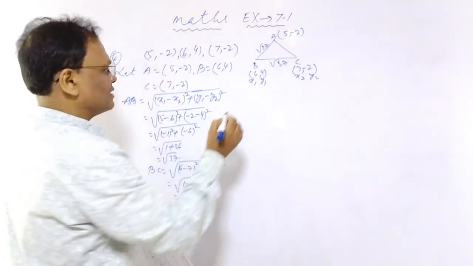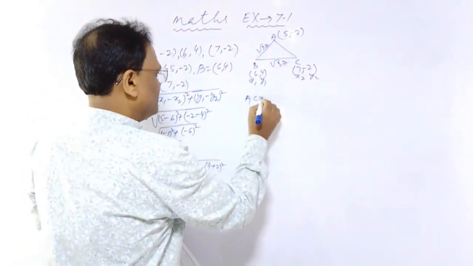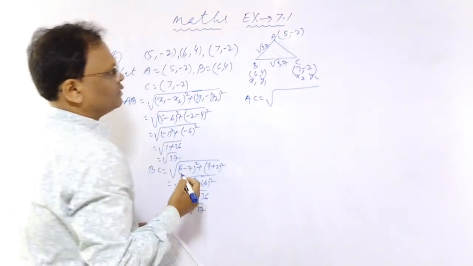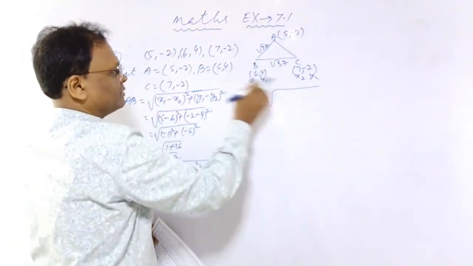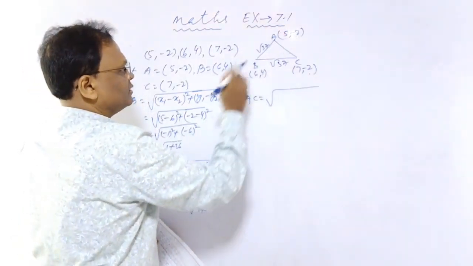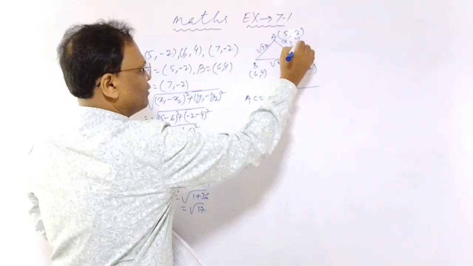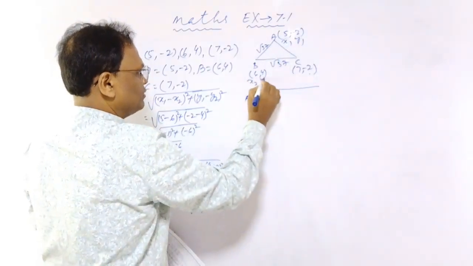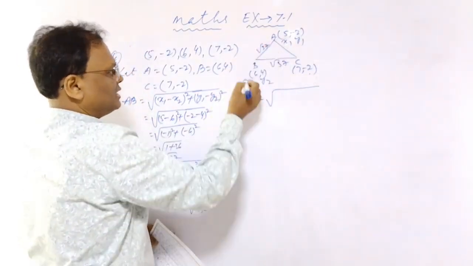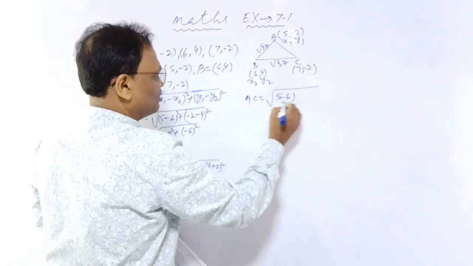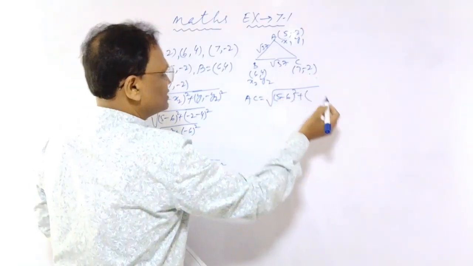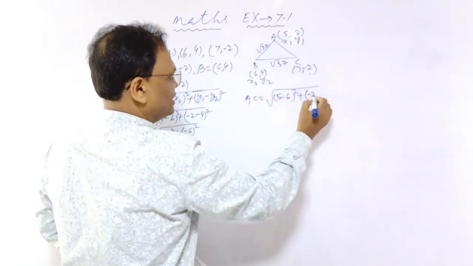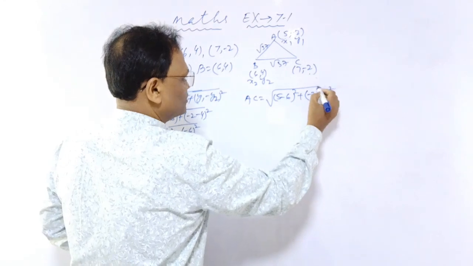Now let me find the third side, which is AC. A and C, these two only I have to take.